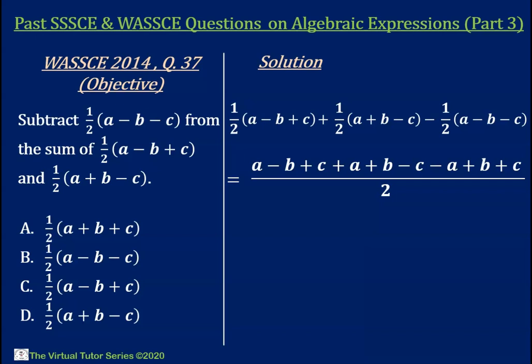So we have a plus a minus a to be a. Negative b plus b plus b is b. And c minus c plus c is c, all over 2. This can be rewritten as 1 over 2 into bracket a plus b plus c. Hence, the correct answer is option A.